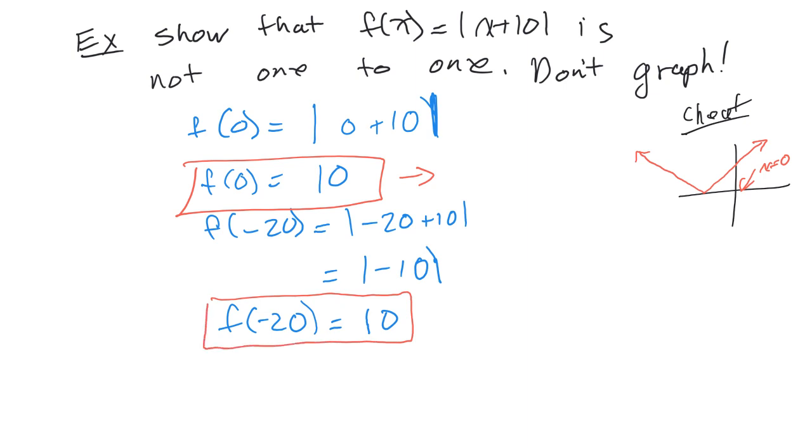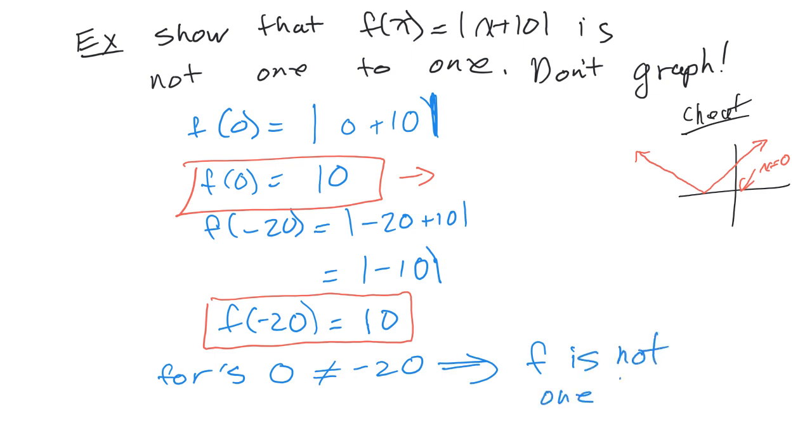So you'd say, well, guess what? Because of the rule of being 1-to-1, look here, 0 is not equal to negative 20. So for the x's, 0 is not equal to negative 20, which means that f is not 1-to-1.